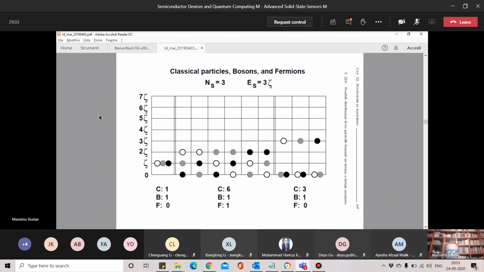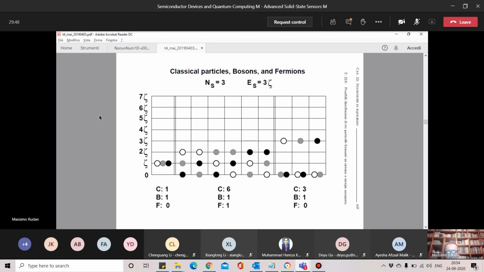Conclusion: the total possible placements of 3 particles into the energy states fulfilling the constraint of having a total energy equal to 3, and assuming that the particles are distinguishable from each other, are a total of 10 combinations shown in the figure, okay? 1 of the first type, 6 of the second type, and 3 of the third type, okay?